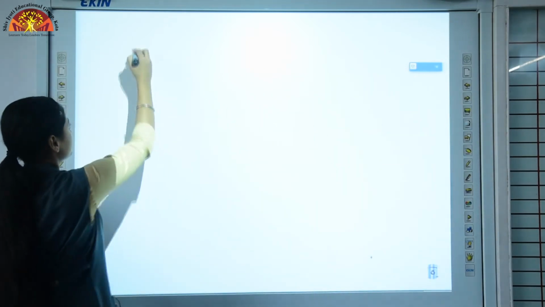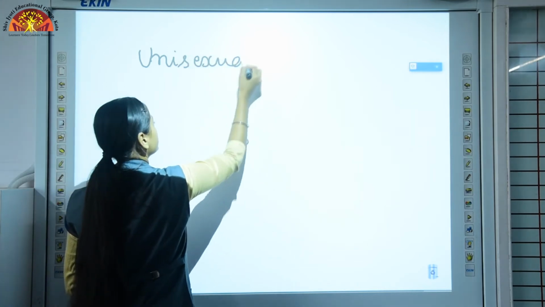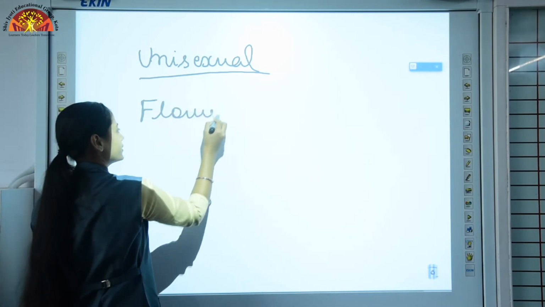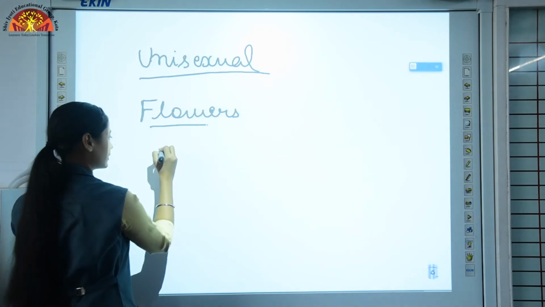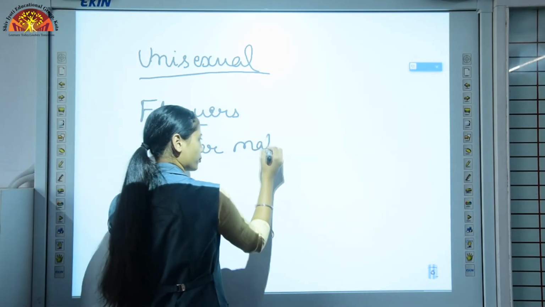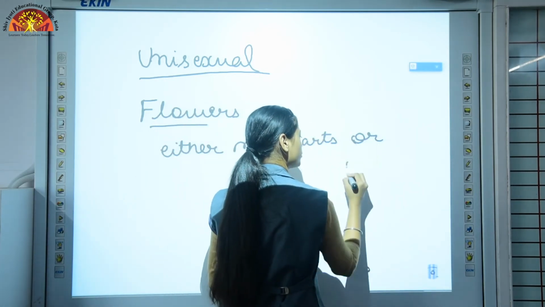Uni means single. Flowers in which either male parts are present or female.